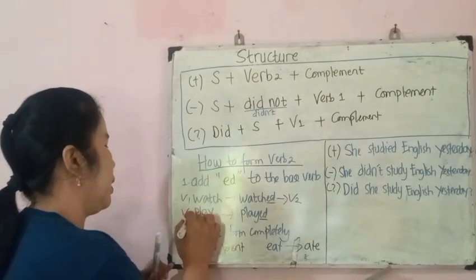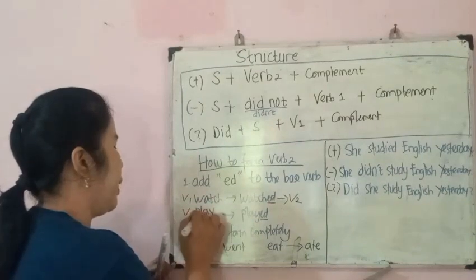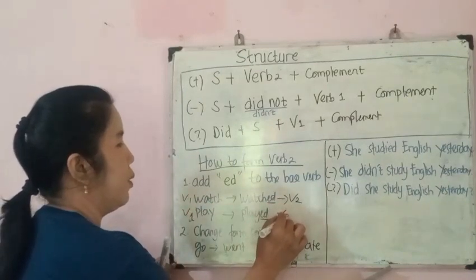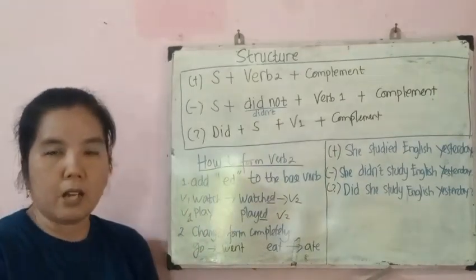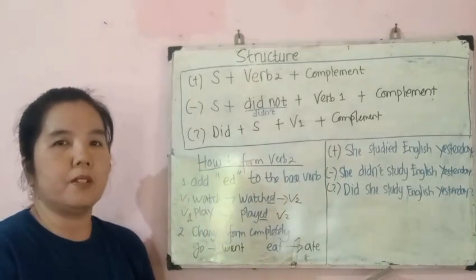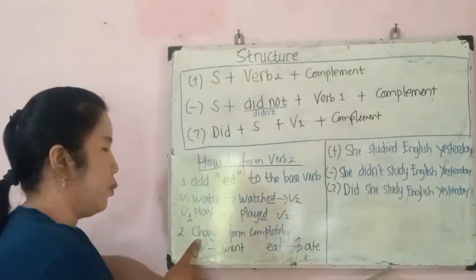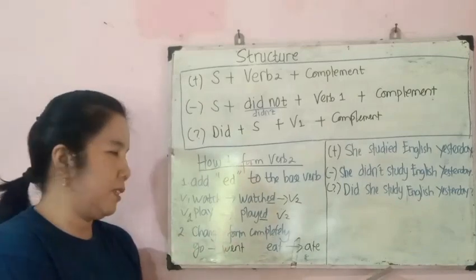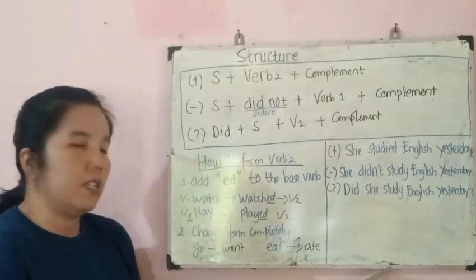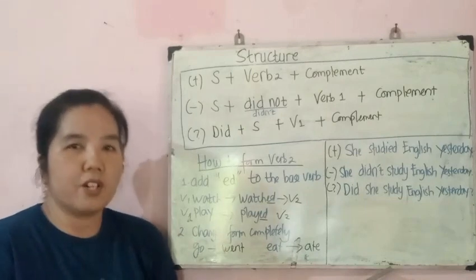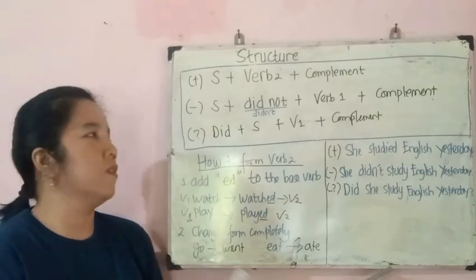Play becomes played. We add ed at the end of the verb. The second way, we change the form completely. For example, go becomes went, eat becomes ate, see becomes saw.